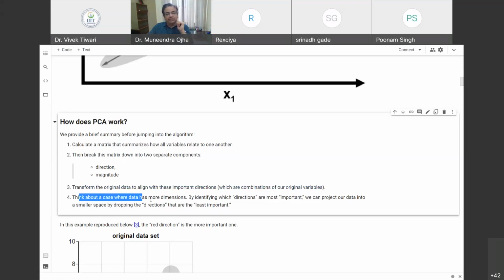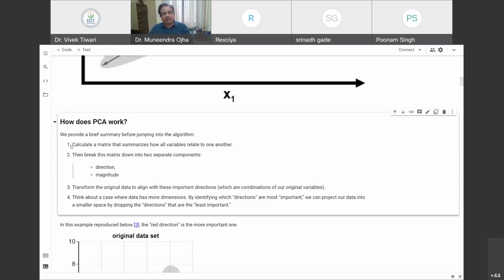Now think about a case where data has more dimensions. By identifying which directions are most important, we can project our data onto a smaller space by dropping some directions that are least important.